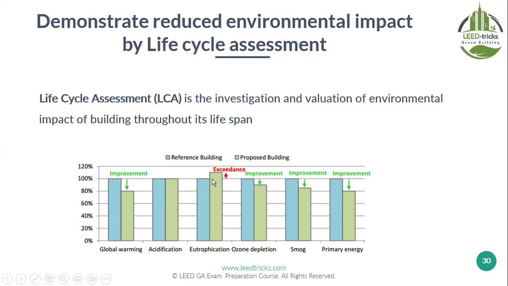Your proposed building should always be less in the 6 categories. You remember I told you LCA has 6 categories, which are global warming, acidification, eutrophication, and so on. So your building should have less impact in every category. Here it exceeds, so there is an action that should be taken in the design. What causes more eutrophication? What material are you using, and so on.